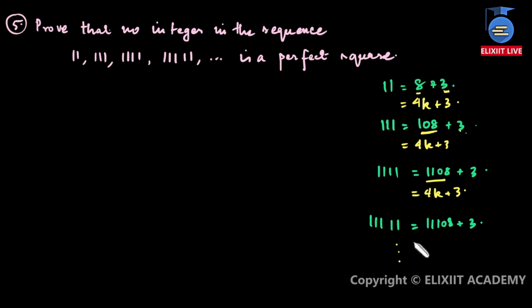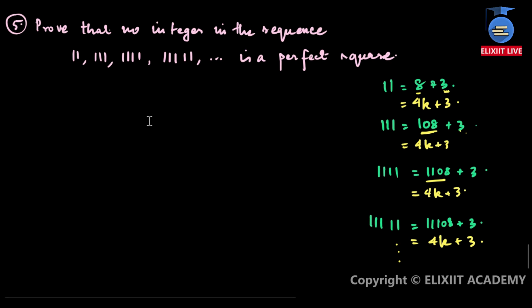So all the numbers in the sequence, 11, 111 and so on, are of the form 4k plus 3.